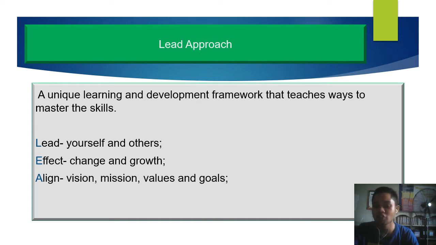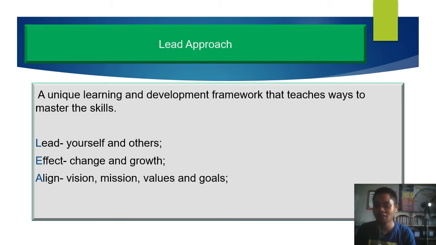The vision, mission, values, and goals. It's also important for us teachers to stand by ourselves and to connect the lesson to our learners, so that this brings change between us professionally and the learner as well.